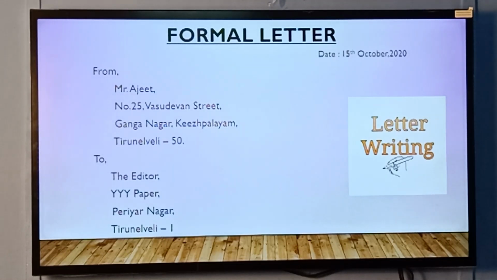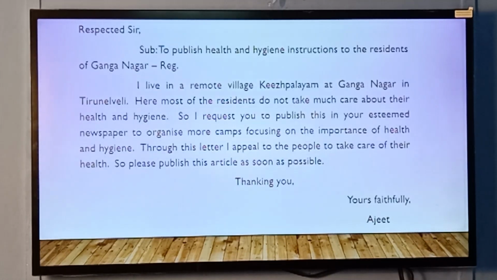If the city name is not mentioned, you need to write YYY city. Next comes to the editor, YYY paper, Periyar Nagar, Tirunelveli 1. Respected sir, then the subject should be written: to publish health and hygiene instructions to the residents of Ganganagar.